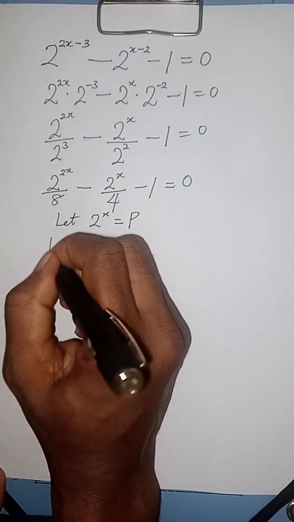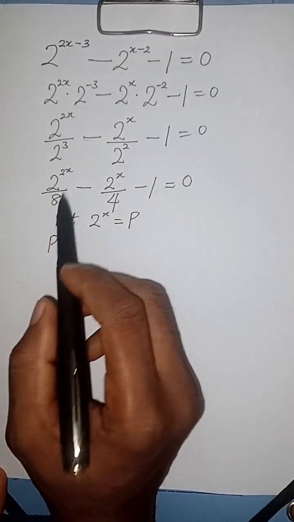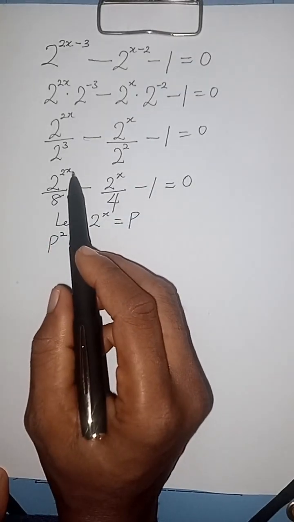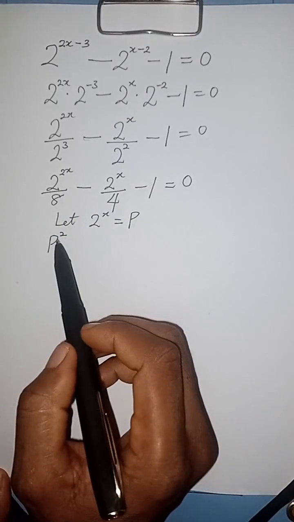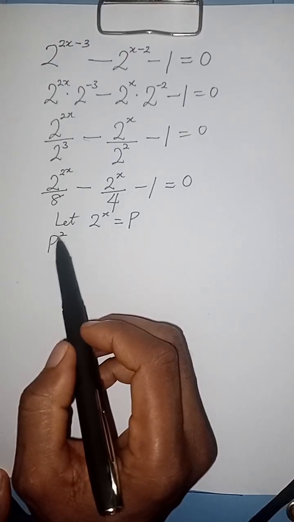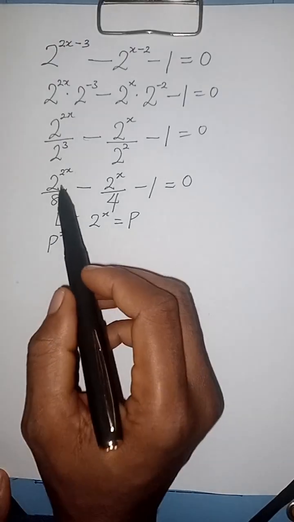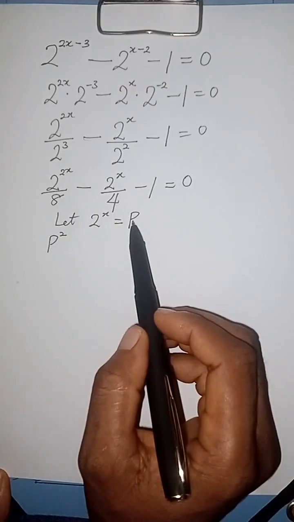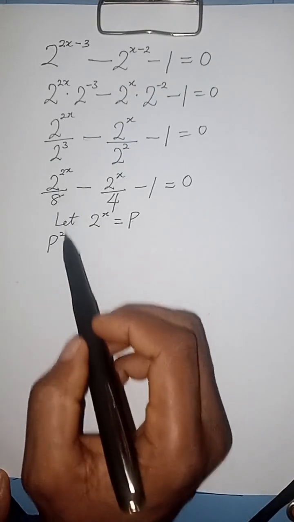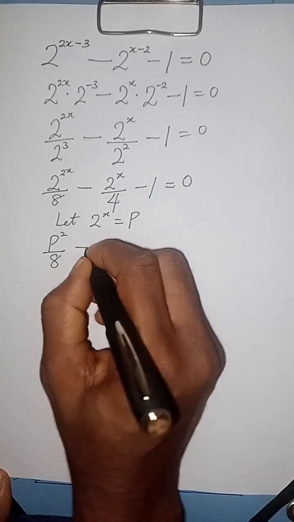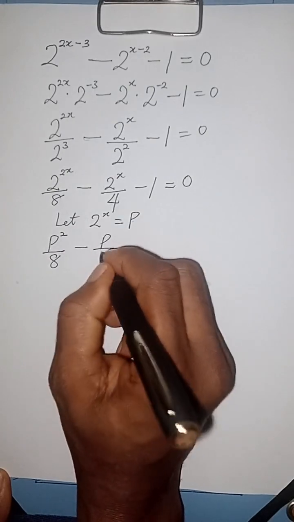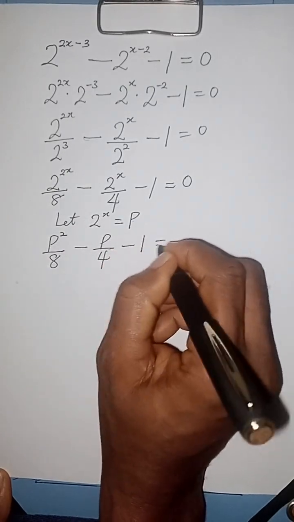So this is p squared. Remember, this is 2 raised to the power 2x, and 2 raised to the power 2x can be expressed as p squared. Then the 2 raised to the power x is the p, while the 2 is the square. Divided by 8, minus p divided by 4, minus 1 equal to 0.